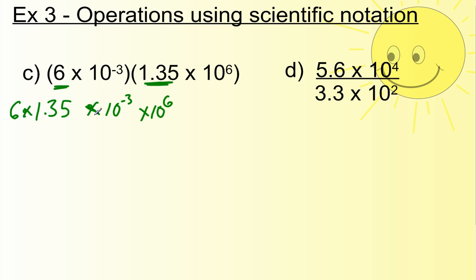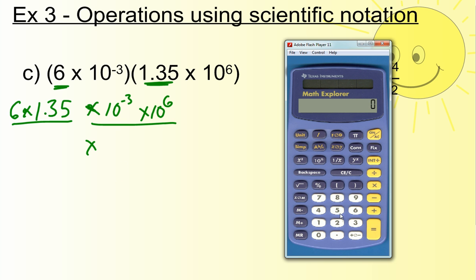I don't like using the x for multiply, but I guess it fits in this case with scientific notation. I'm going to multiply these guys. So 6 times 1.35 equals 8.1.